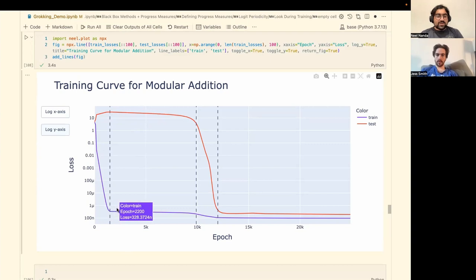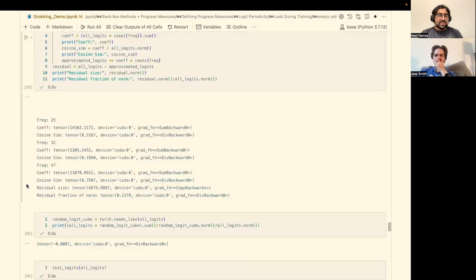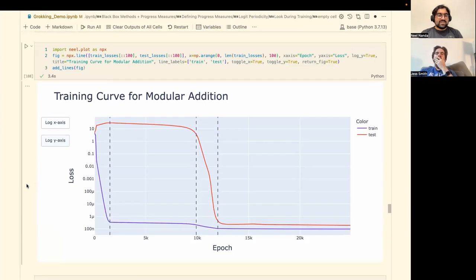Then we have this period where it seems like things basically plateau. But if we look down here, we see that the model is clearly forming the correct circuits during this period. It's making steady progress, even though here it looks pretty flat.